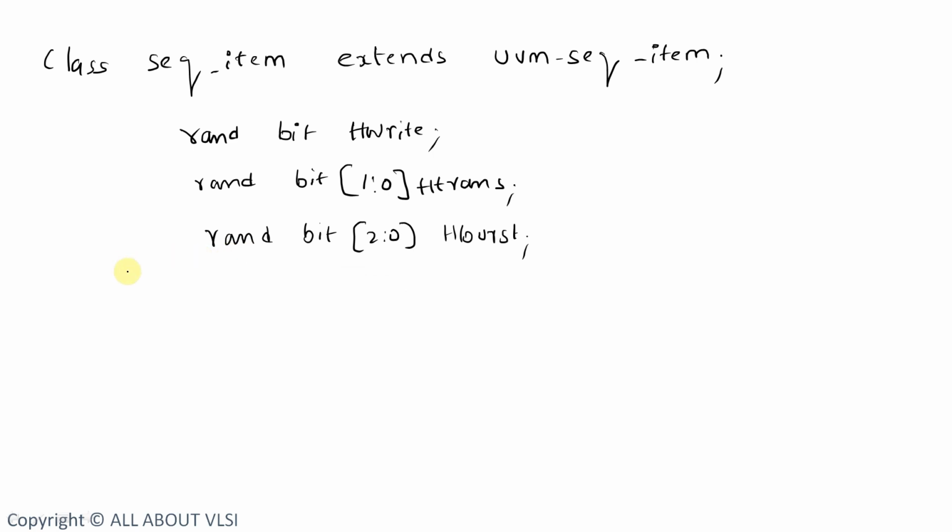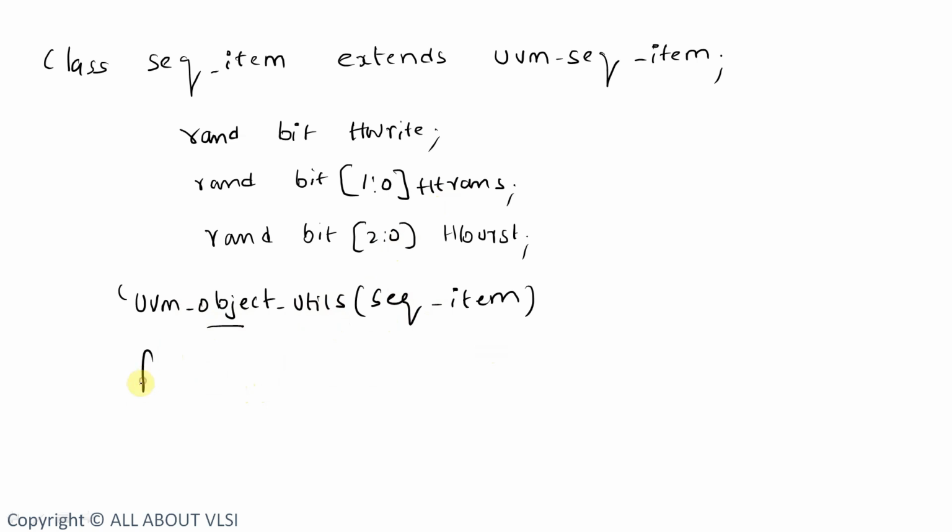Now, we are going to register our class with `uvm_object_utils`, our class name sequence_item. And if you see here, it is not a component, it is an object. So that's why, for the factory registration, I'm using `uvm_object`. Okay.